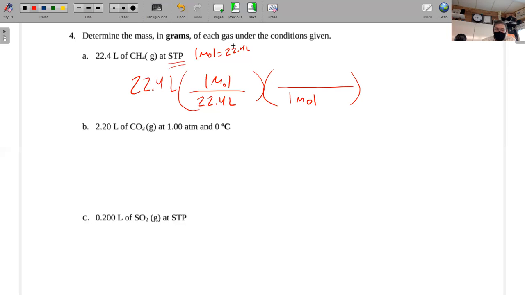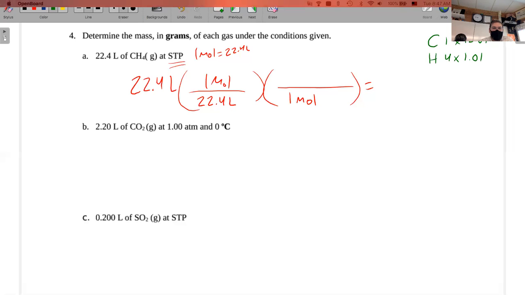All right, so if you want to convert into grams, use the formula mass. So methane, we did this yesterday, but you've got a carbon and you've got 4 hydrogens. Carbon's 12.01, hydrogen's 1.01, I think. Let me make sure. I'm going to use the numbers that are on your periodic table in the course thing, so that it's the same. Let's see, course, Chem 1.